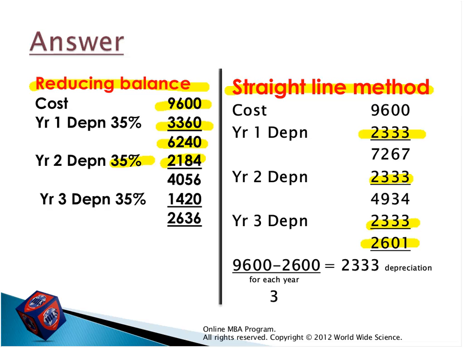Okay, that's very good. So I already got the answer. So now you do understand how to make calculations based on two kinds of methods, the straight line and the reducing balance or declining balance method, right? That's very good.